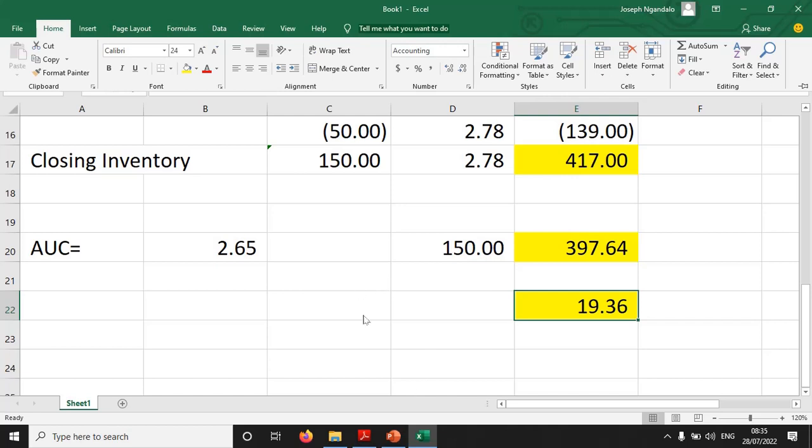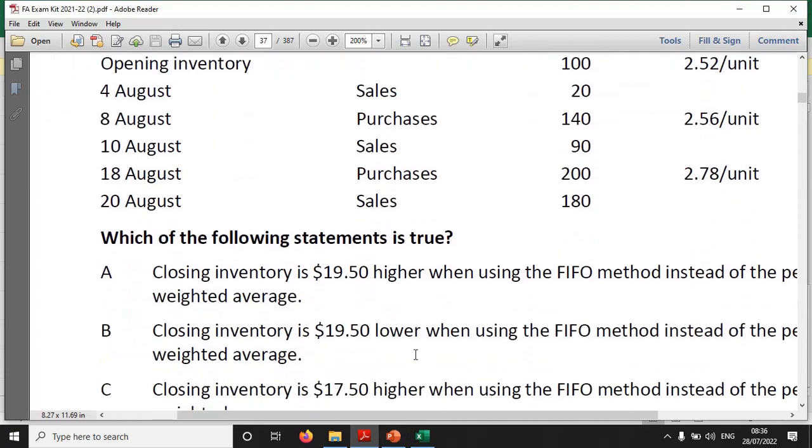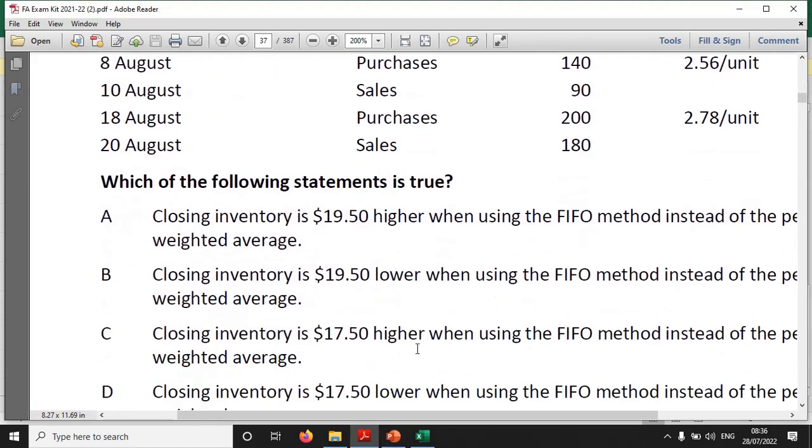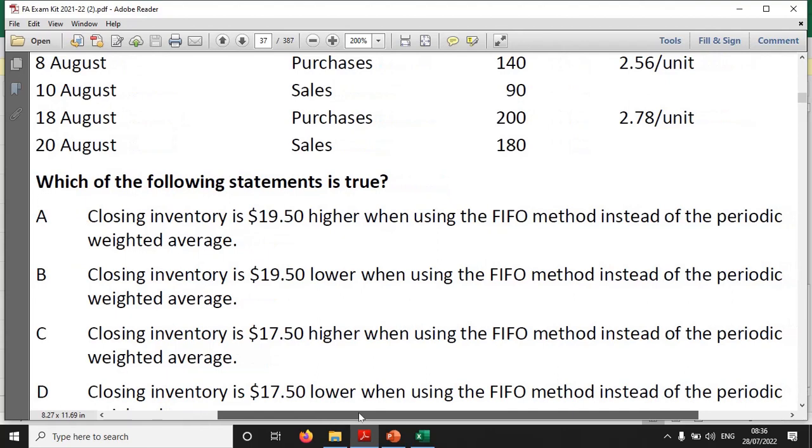We expect, therefore, that the reported profits under PAFCO should be lower compared to FIFO by this 19. You understand? So you go to your options and check your answer. And the interpretation is what is key here. Remember, the higher the closing inventory, the higher the reported profits.